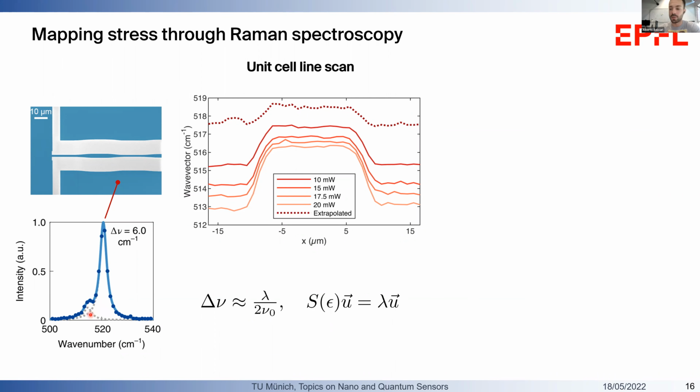The small satellite peak comes from the thin strained silicon layer.